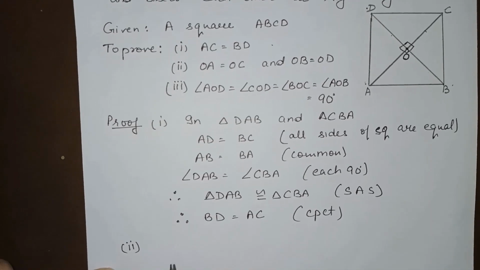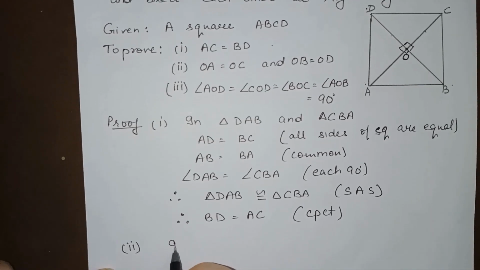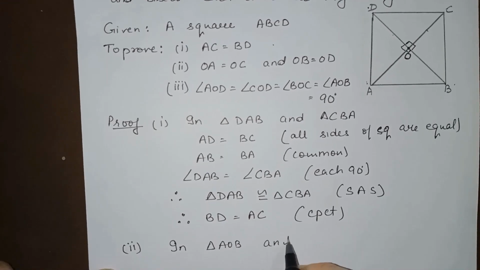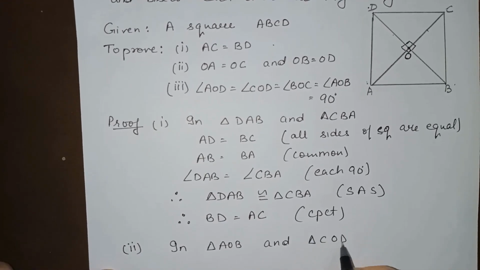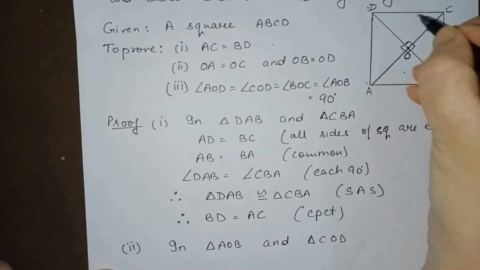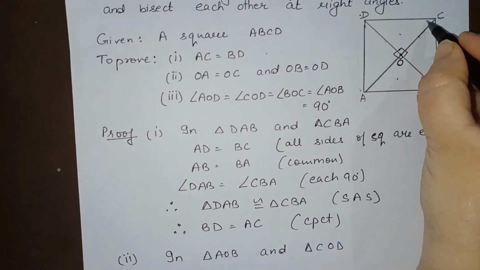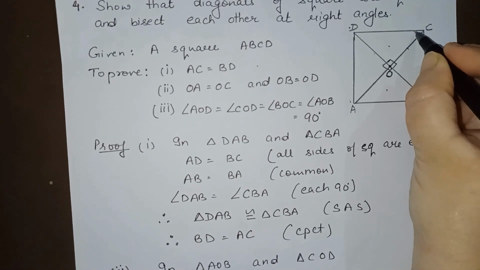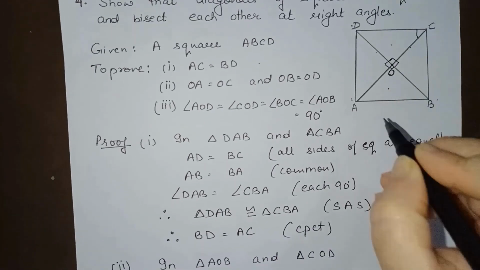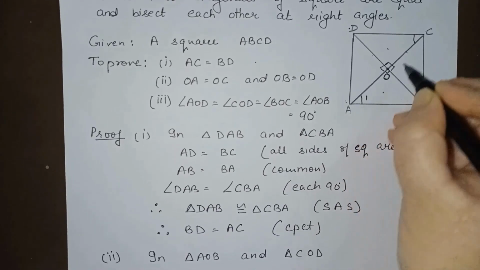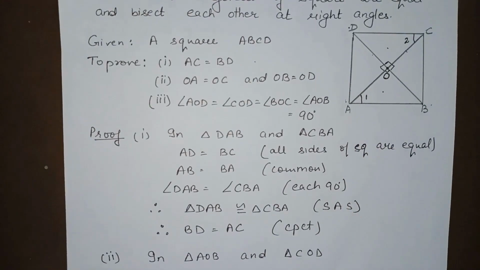So let us start with the second part. Now to prove the second part, I will take triangle AOB and triangle COD. In these two triangles, as it is a square and a square is a parallelogram, these two angles are equal. We can write this angle as angle 1 and angle 2.